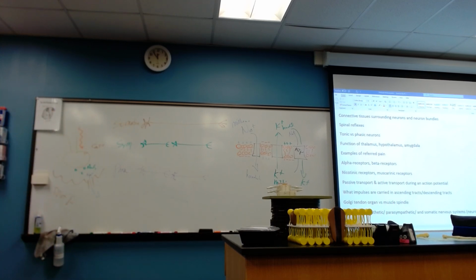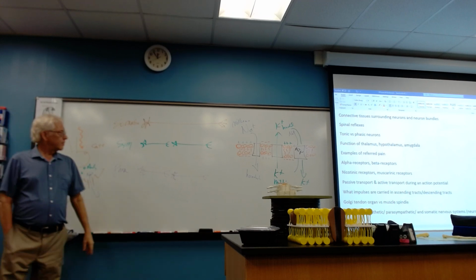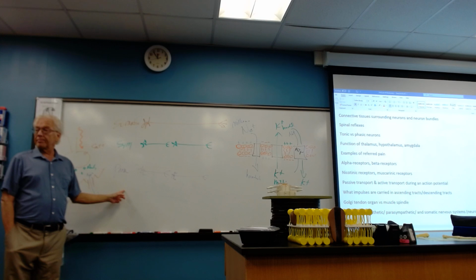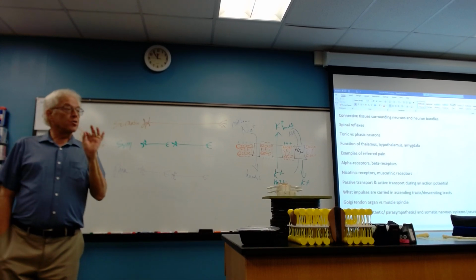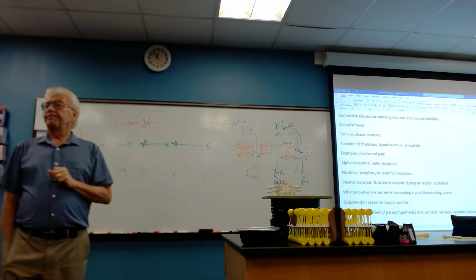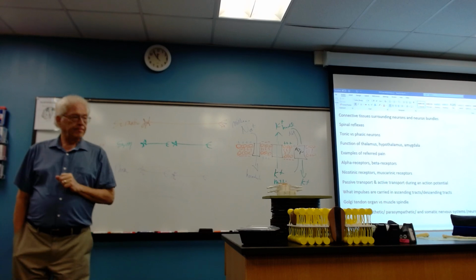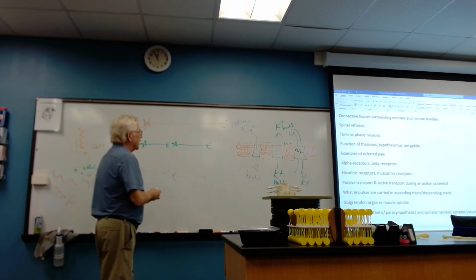Question number 1. Which nervous system only uses one neuron? Somatic. Which one uses 2 neurons? Sympathetic and parasympathetic. Which one uses acetylcholine? Let's see, the first one. Who uses acetylcholine?